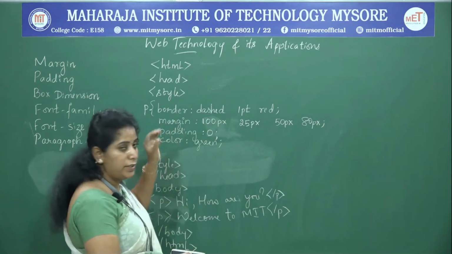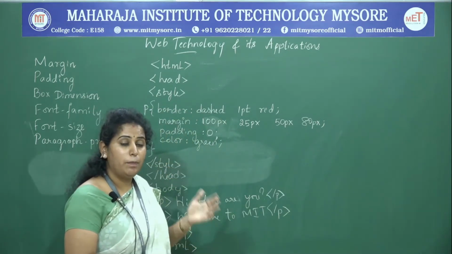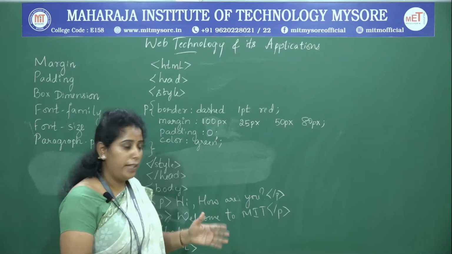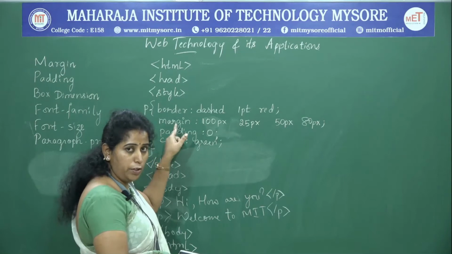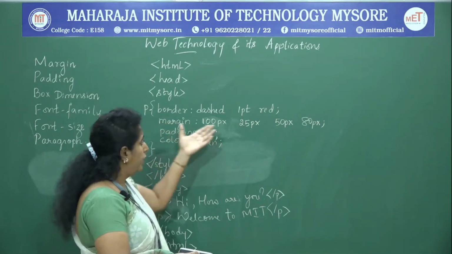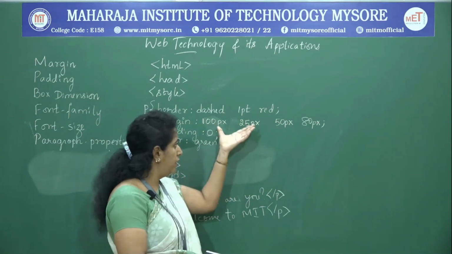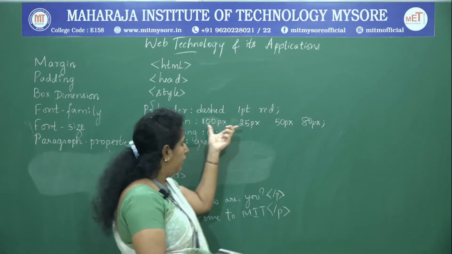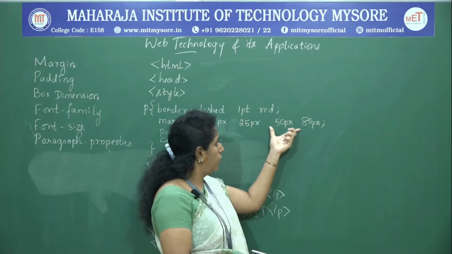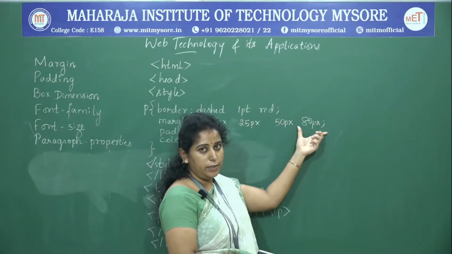So instead of giving the properties specifically, you can give all sides margin values in this way. This represents top margin, left margin, bottom margin and right margin.